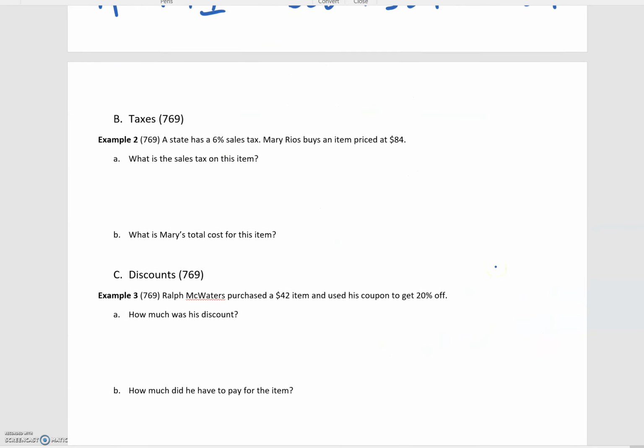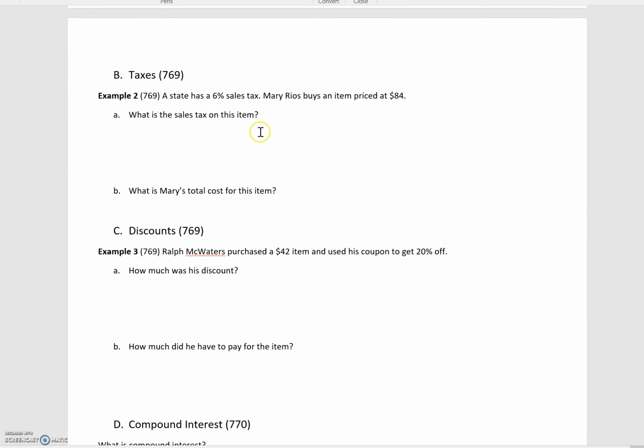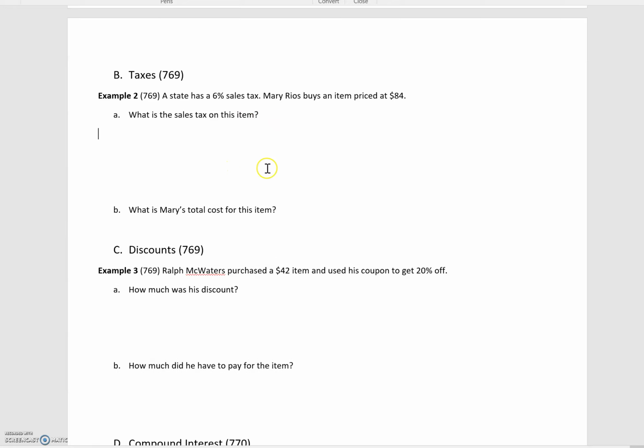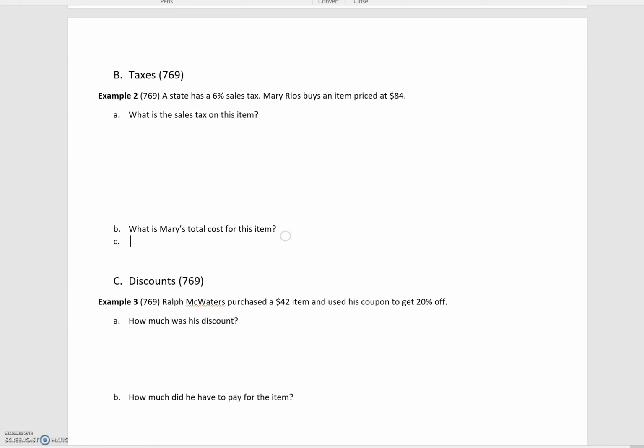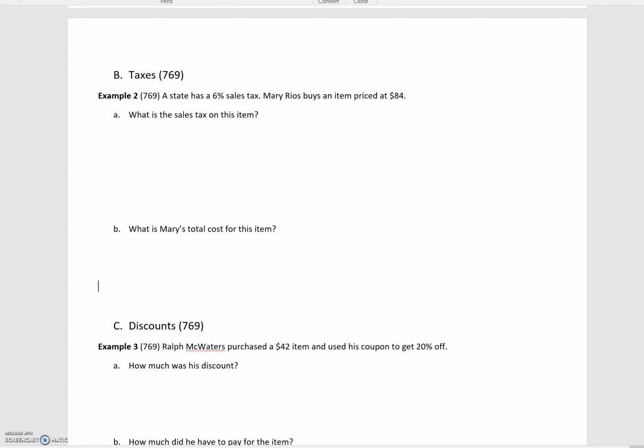All right, the next section that we're going to talk about is taxes, which should be pretty familiar to us as people who purchase probably very regularly. This example is really convenient for us because it requires a 6% sales tax, which is what we deal with in Michigan.